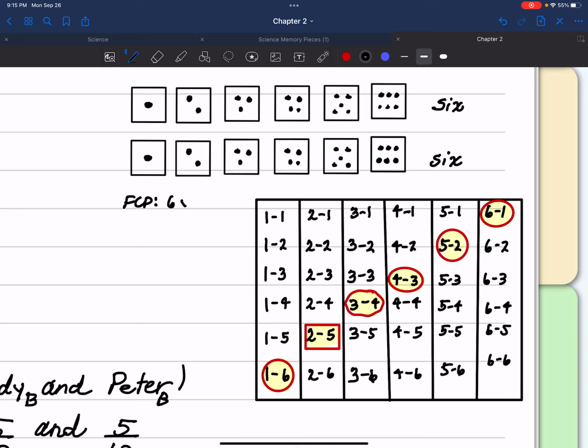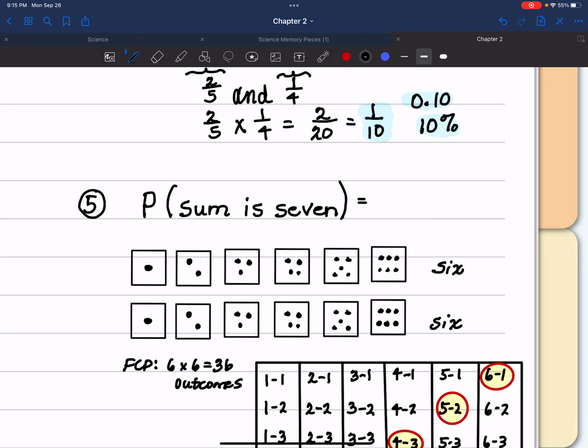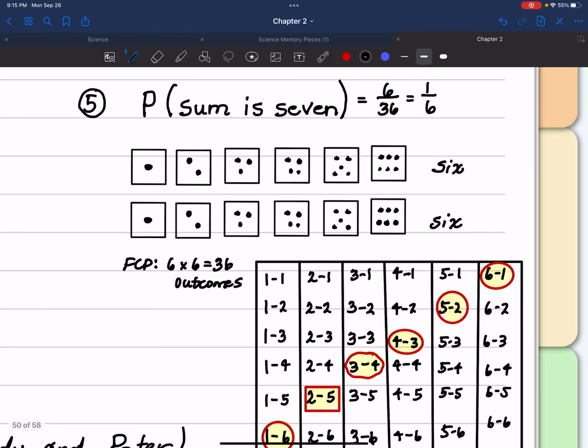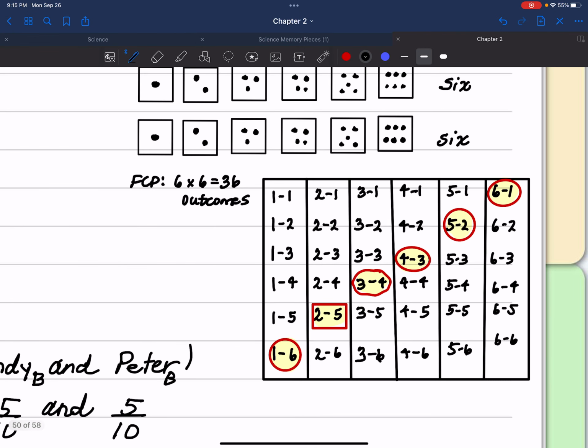So 6 times 6 is 36 possible outcomes. In all of those possible outcomes, 6 of them give us a 7 total. So the probability of rolling a sum of 7 is 6 over 36, which simplifies to 1 over 6. So you have a 1 out of 6 chance of rolling a 7.